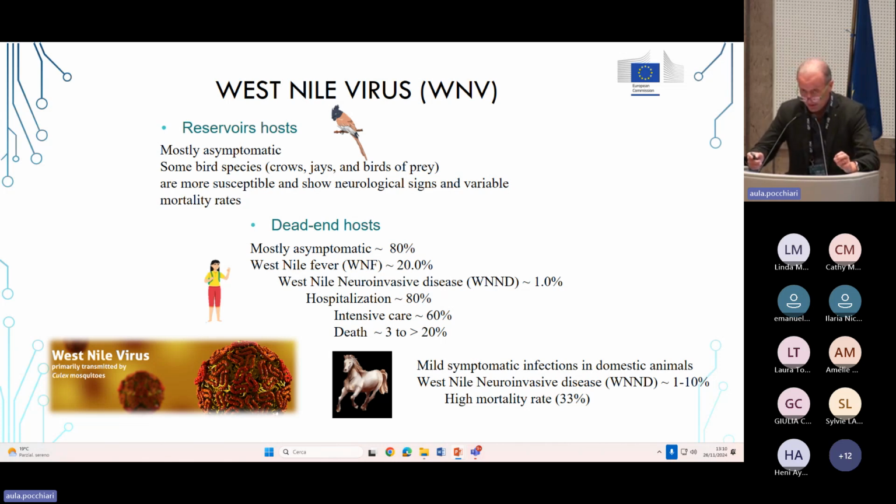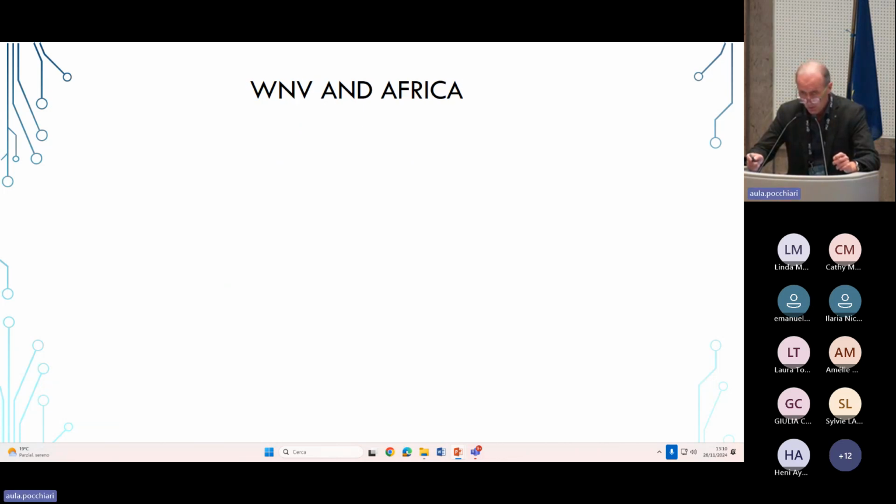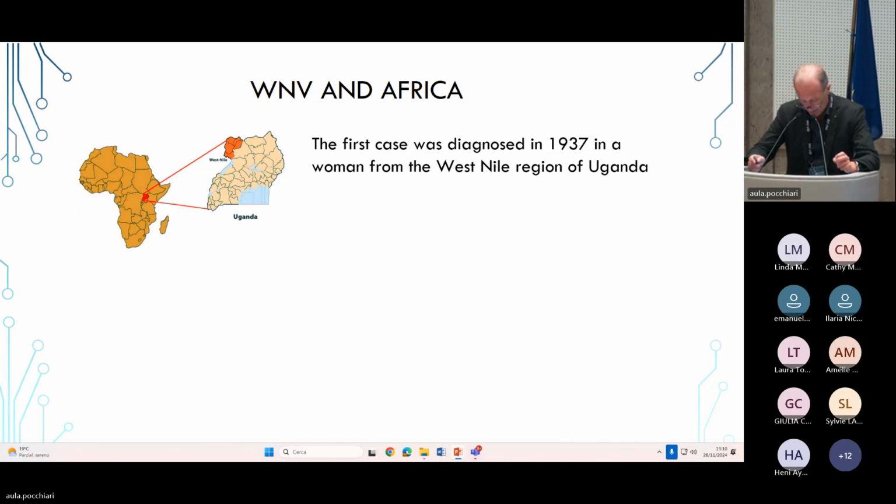In 20%, we may have flu-like symptoms, but also in 1% of cases, we might have neuroinvasive disease. Similarly in horses.